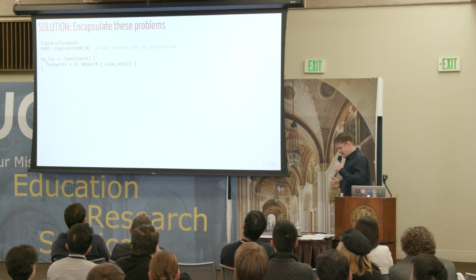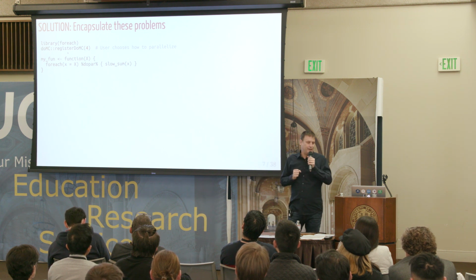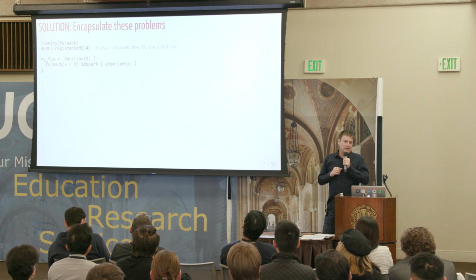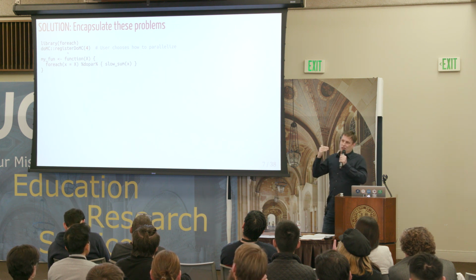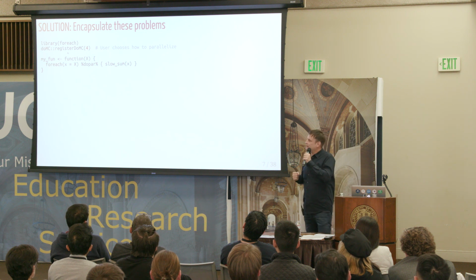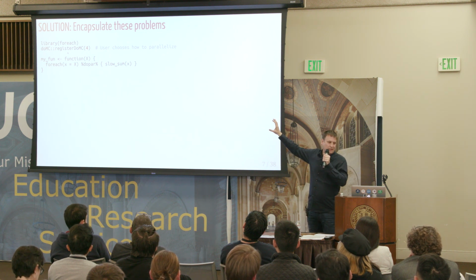So there are approaches to encapsulate this problem, to hide it. One beautiful solution is the foreach package, where you as a user say registerDoMC, that's for here, that's basically fork processing. So the user can decide that, and you as a developer can write the code the same way.